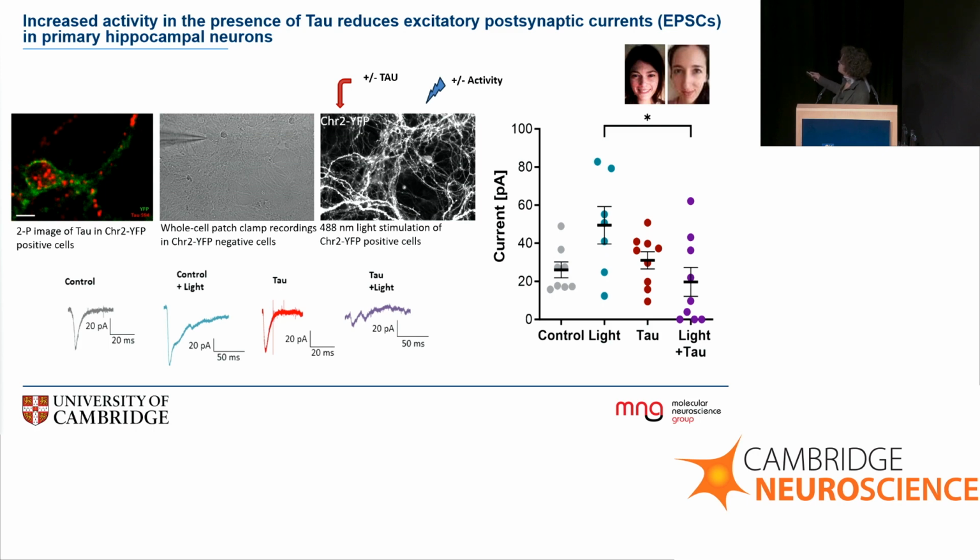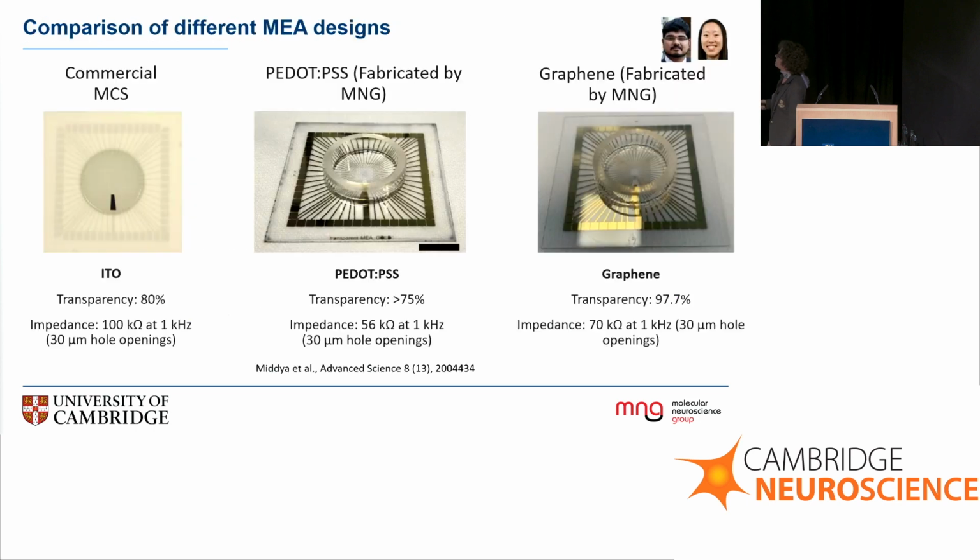But if you look at stimulated versus light-induced in the presence of tau, we can see that there is a real loss in the excitatory postsynaptic currents in these primary hippocampal neurons, and you can see some of these traces here, which is quite significant.